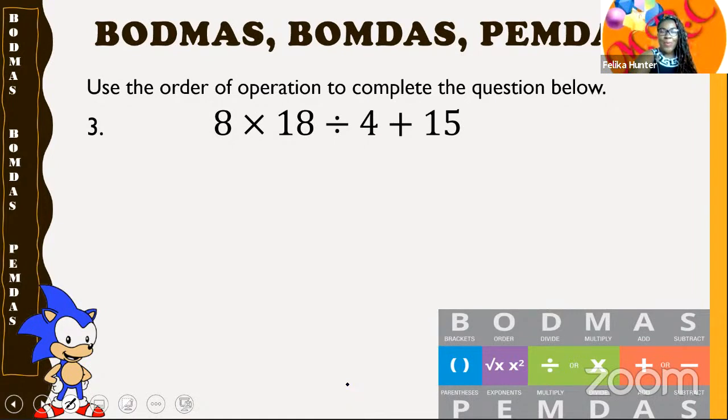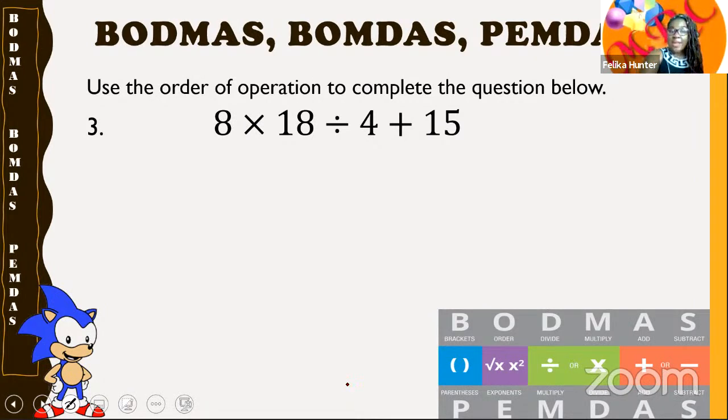Yes, Panda, we are going to multiply. So we are going to multiply first. Here we have 8 times 18, right? So we're going to do 8 times 18 first.